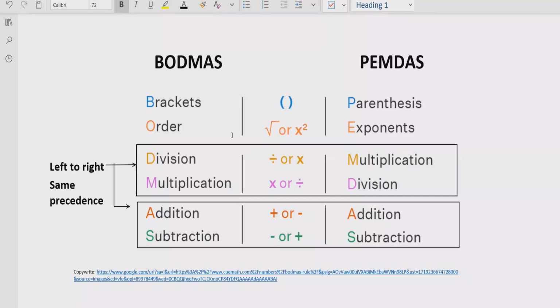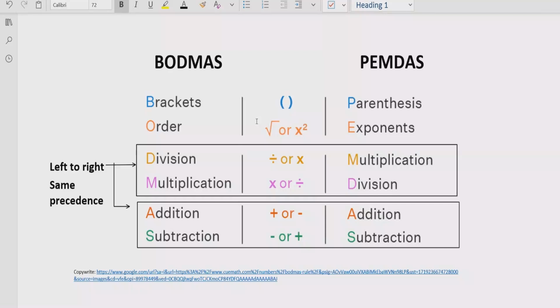You can follow any other rule like PEMDAS or PEDMAS, but these rules are similar ones and are used in different regions. So we can use any of these rules for solving this expression.